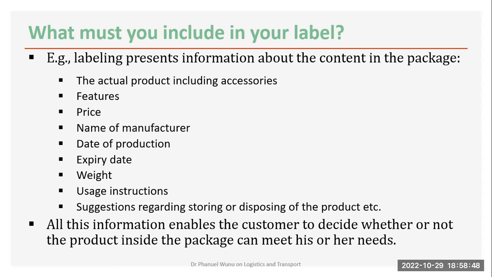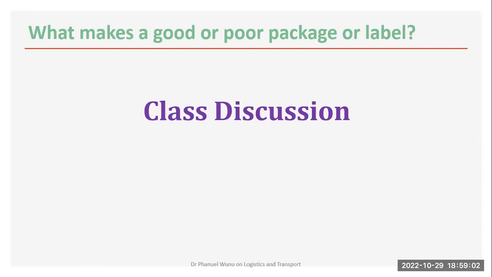And there may be some other features that some people may want to put on the product, like pricing and all that. It depends on the producer for that one, but most of the information on the labels are regulatory requirements.